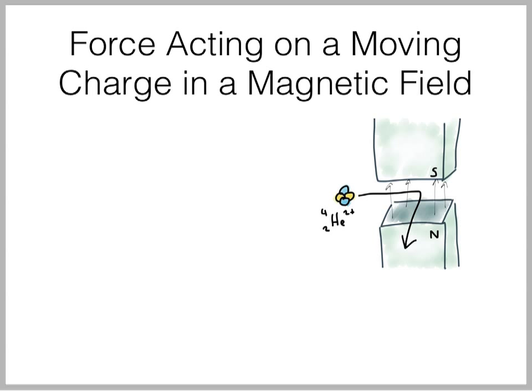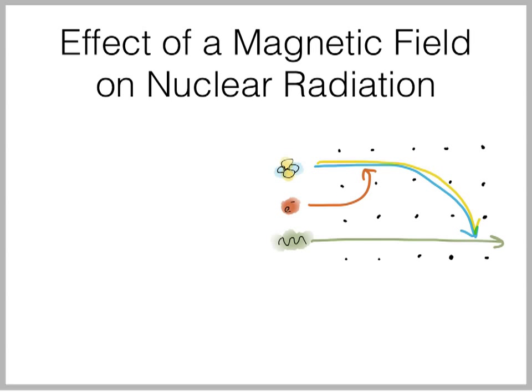To go with this, here we go, we have an alpha particle. Now these black dots here are showing a magnetic field coming out from the board towards you. They're shooting directly towards you. So I have an alpha particle. Alpha particles, if they are moving into a magnetic field, are deflected one way.